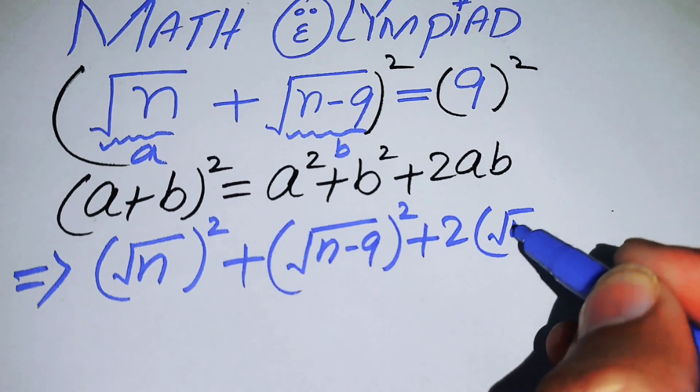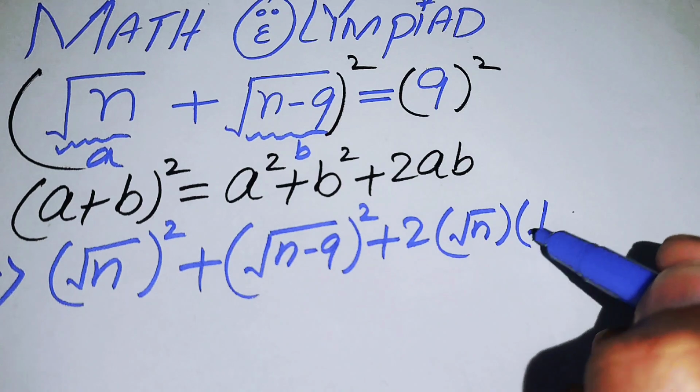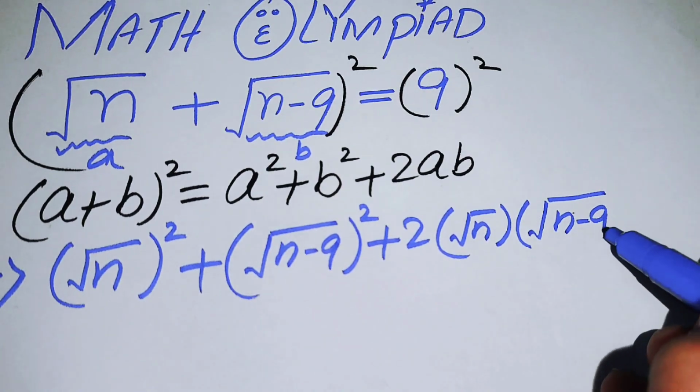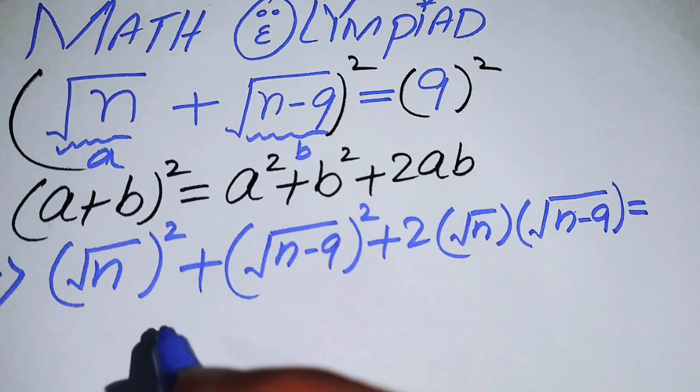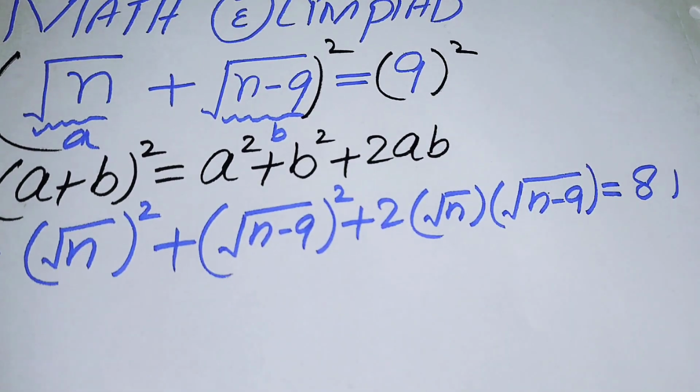So our a is square root of n and our b is square root of n minus 9. And in the right hand side we have 9 square, and 9 square equals 81.